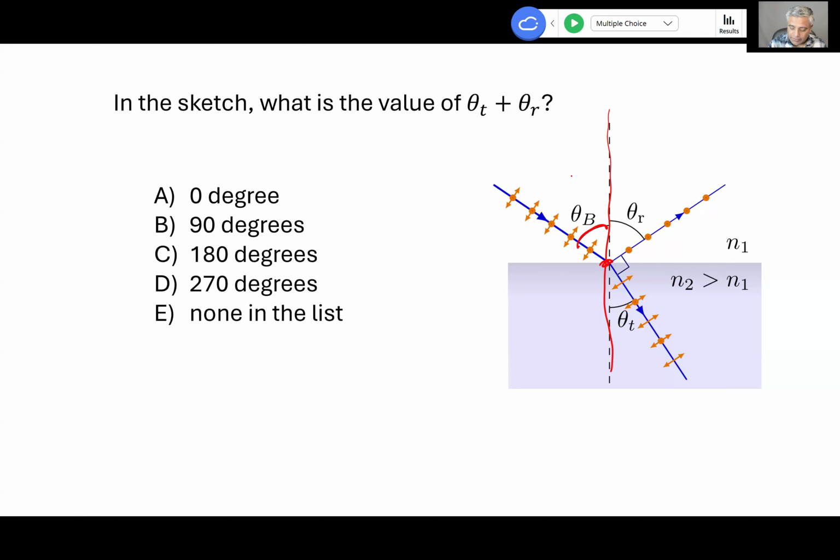So this angle of incidence, let's say, is equal to angle of reflection, and this is transmission, and these angles are related. We learned about reflection and refraction, right? So these two angles are same, but this is not same as those. Here, what I'm asking you is, what is the value of this angle and that angle?